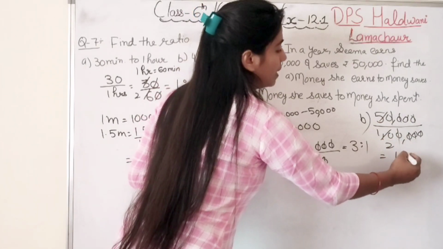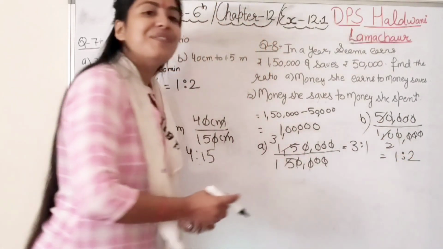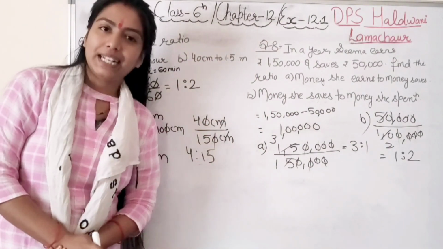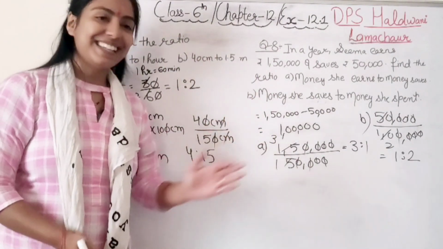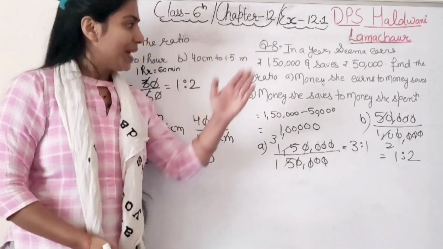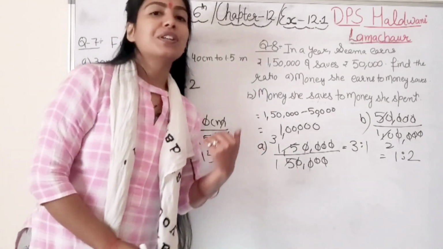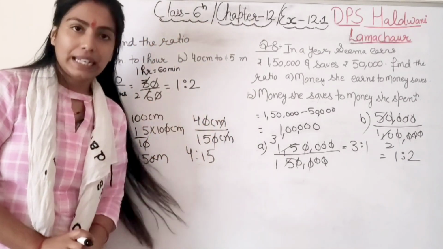So it means 1:2. Very simple student. Only the mode of question is different, but the criteria is the same. Right? See, very simple question, no? And the same type of question we have done in fraction as well. So this was about our question number 7 and 8.